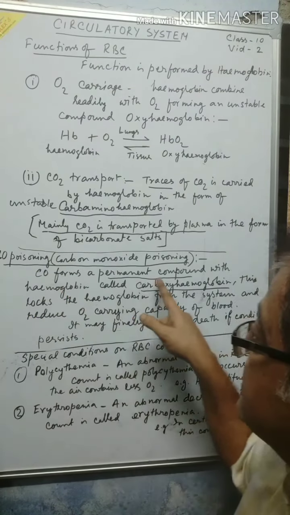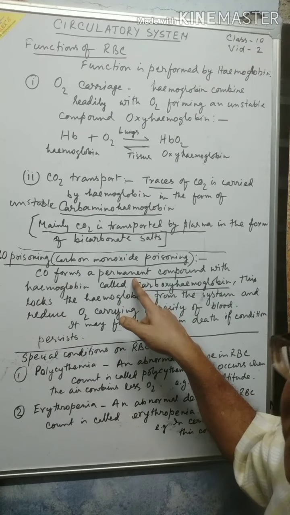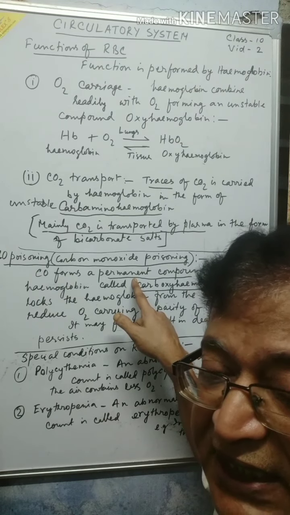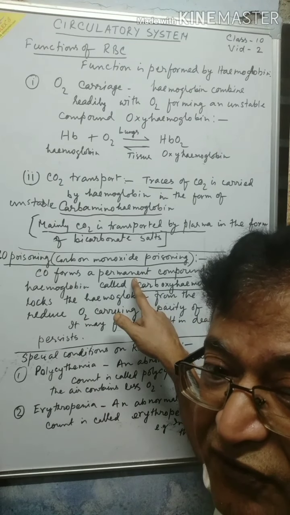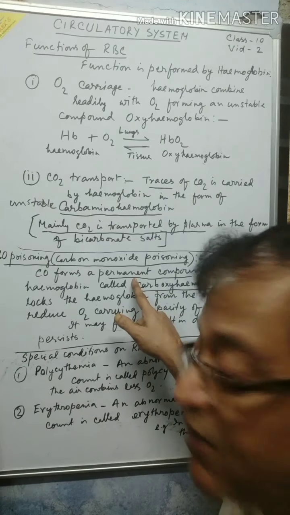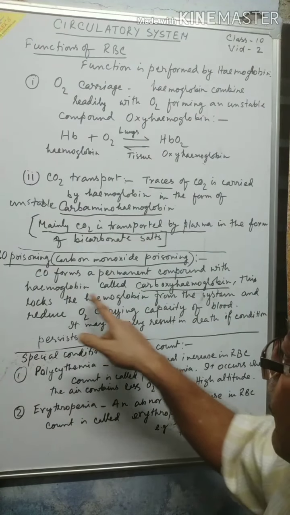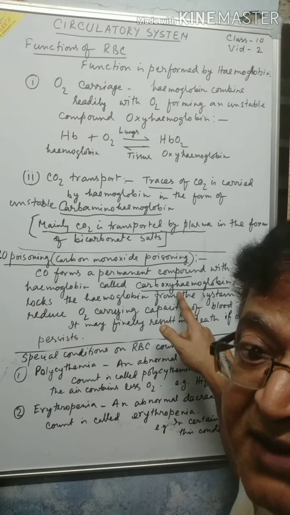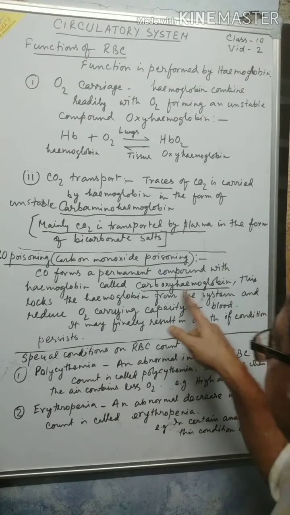They form a stable compound, a permanent compound. Stable compound means they do not break, even when they get a diffusion pressure of the gases. The stable compound with hemoglobin is called carboxyhemoglobin. Carboxyhemoglobin is a stable compound, it does not break.